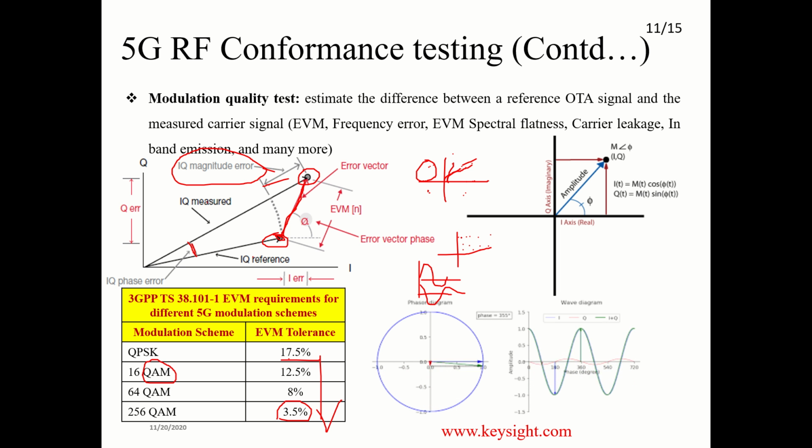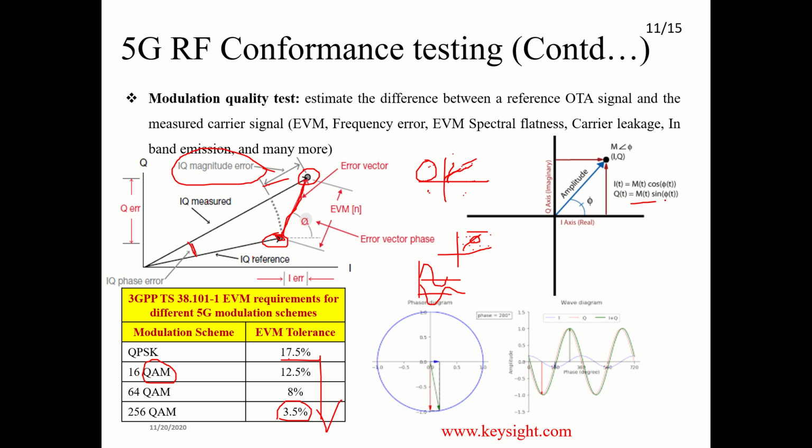If you had 17% tolerance for 256 QAM, for example 17% here may overlap with other constellation points. You will not be able to decode the correct data. You are looking for this point, but it will land on that point. That's why the EVM tolerance is inversely proportional to the order of the modulation.